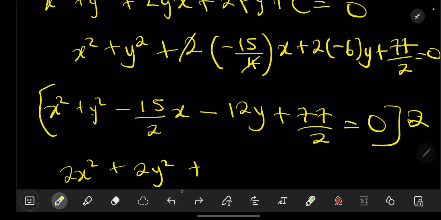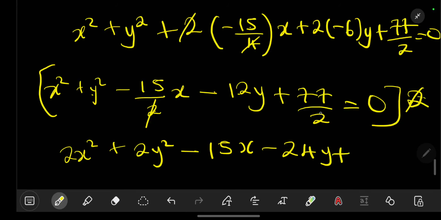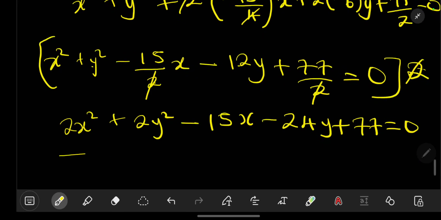So we have minus 15x with these 2 cancelled. Multiplying 12 by that, we are going to have negative 24y. Then the plus, these 2 cancel, and we are going to have 77 equal to 0. So that is how we find the equation of the circle for that question.